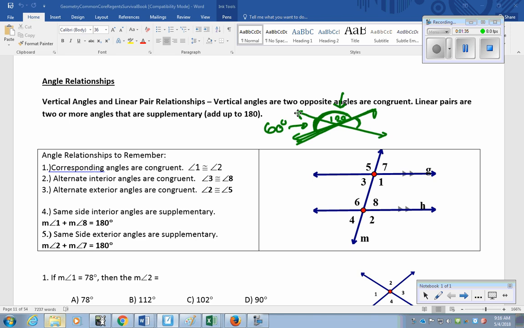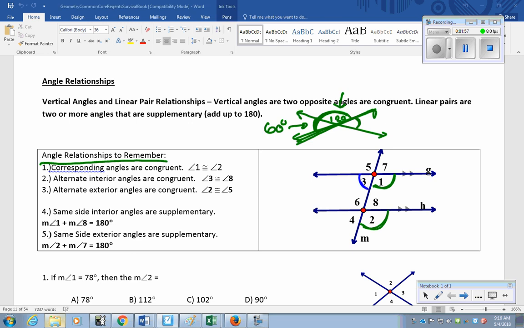You'll see several angle relationships with the parallels and transversals. Corresponding angles are angles that are in the same position, but touch different parallel lines. Alternate interior angles are kind of like how they sound.